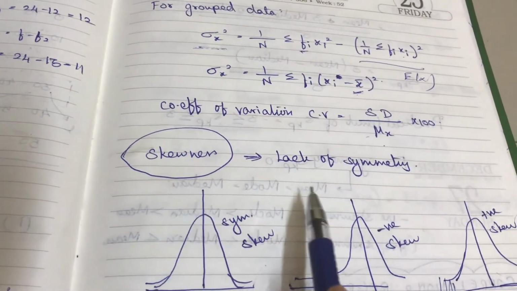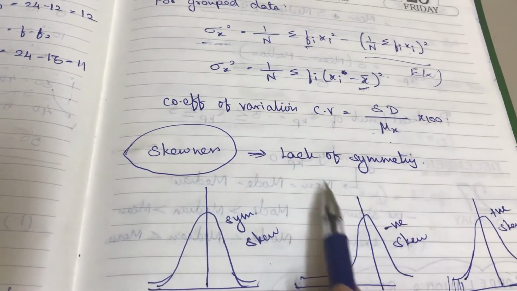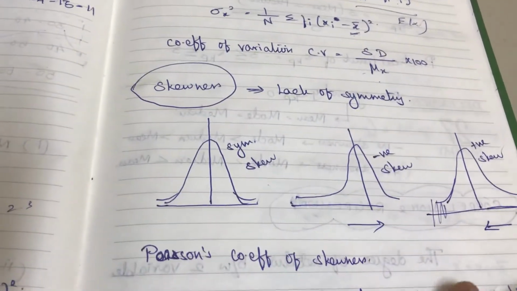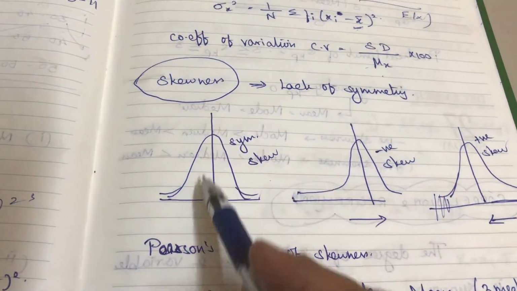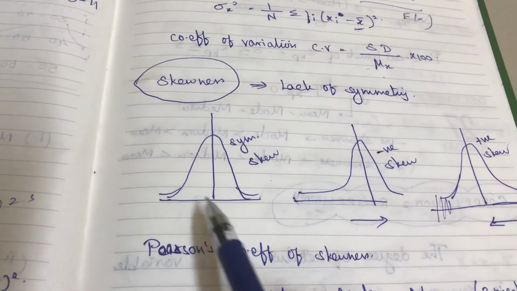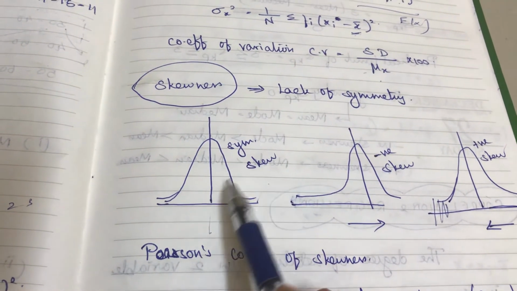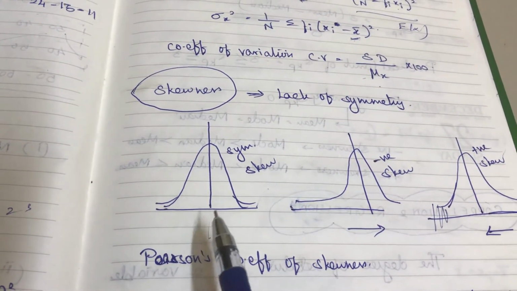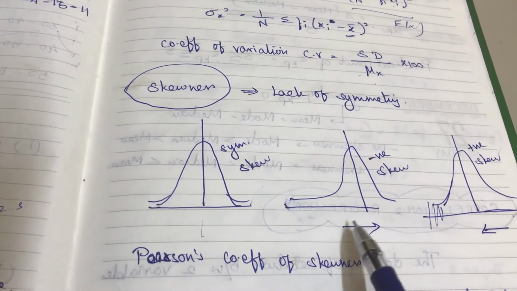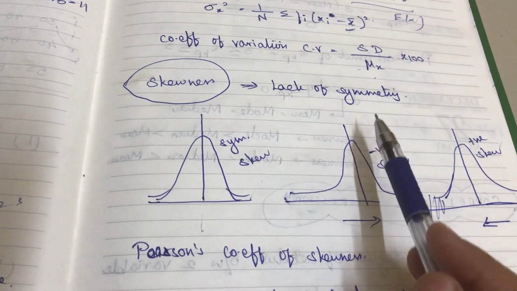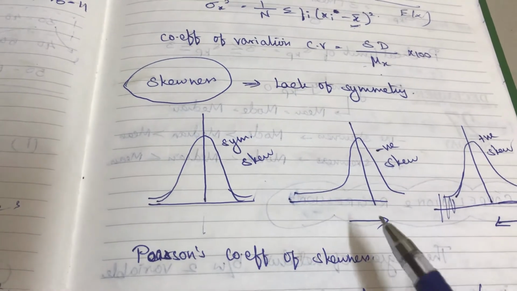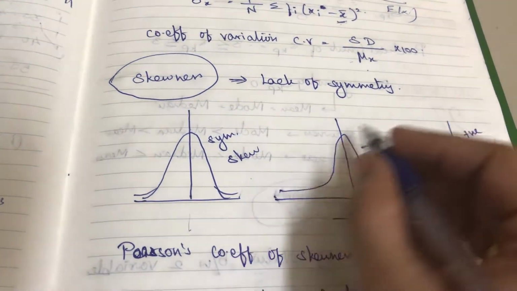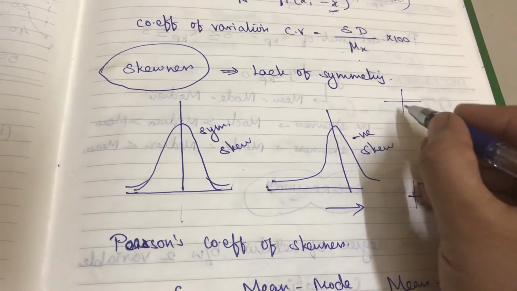Skewness means lack of symmetry. Okay, if it is symmetrical, it is exactly at the center, so I will say it is a symmetrical skew. Just consider a graph.